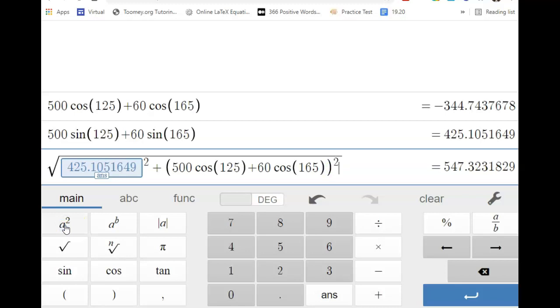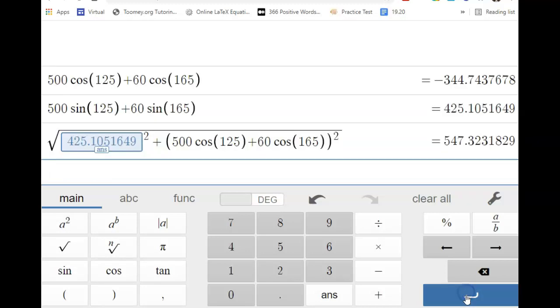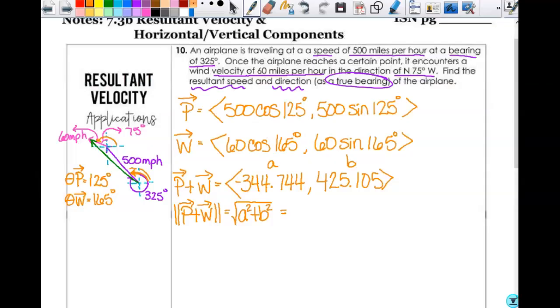So there's my a squared plus b squared. I get 547.323. So that is my resultant speed. So that means I have 547.323, and this was in miles per hour.